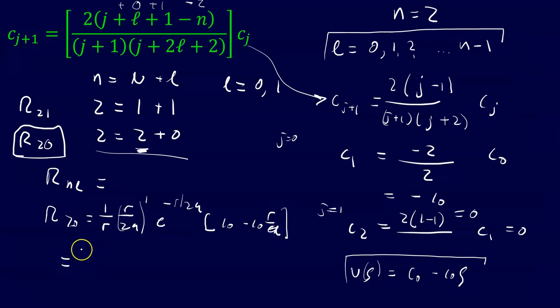And so if I work through this a little bit, I get r over 2a, and then that would be c0 times 1 minus r over 2a. Again, we're using the definition here that rho is r over a to the n.